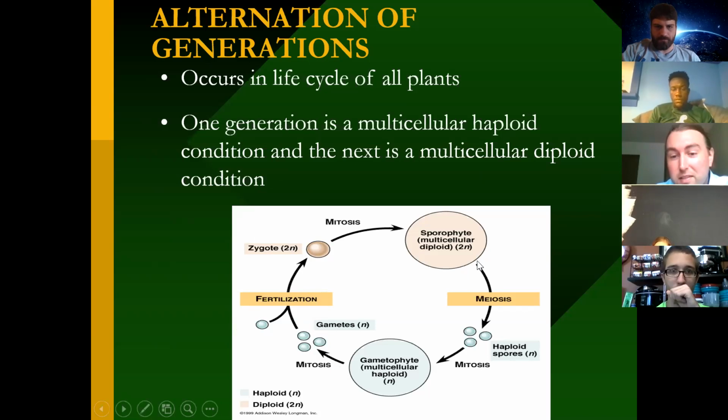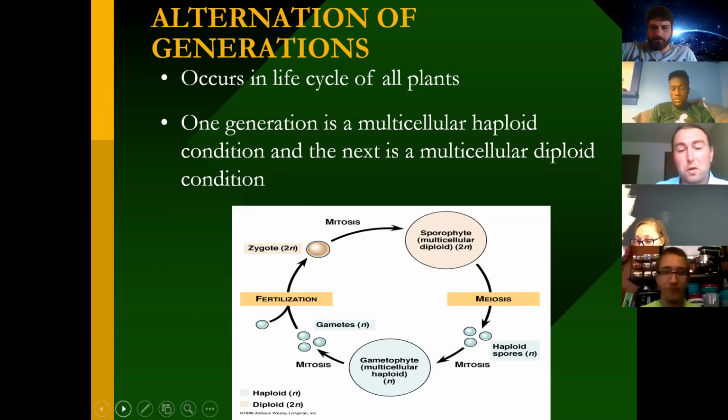And then once it hits the other plant, that's when meiosis happens. That's when you will get the sporophyte, and then it comes in contact with the other reproductive part of the plant to create this multicellular organism. So you're getting pollen from one place, or a flower from another place, and combining those together to create a new life form.